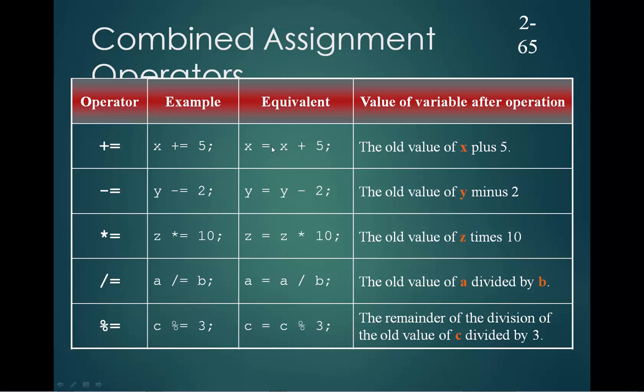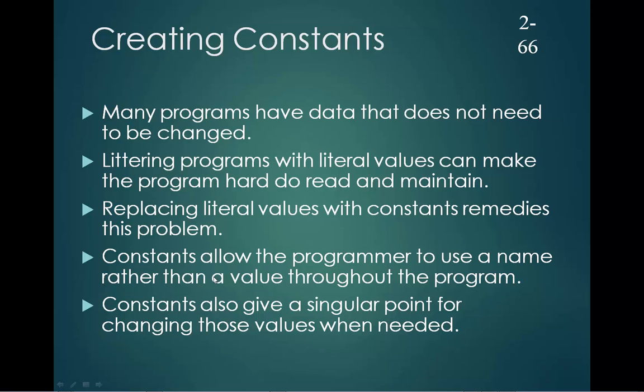When we want to say x, so a variable x equals x plus 5, there's a shorter way to do it. We can say x plus equals 5, and that just means take x and add 5 to it. The most common way you see this is actually with the plus plus operator, which is a unary operator version of this that tells you to add 1 or increment a value.